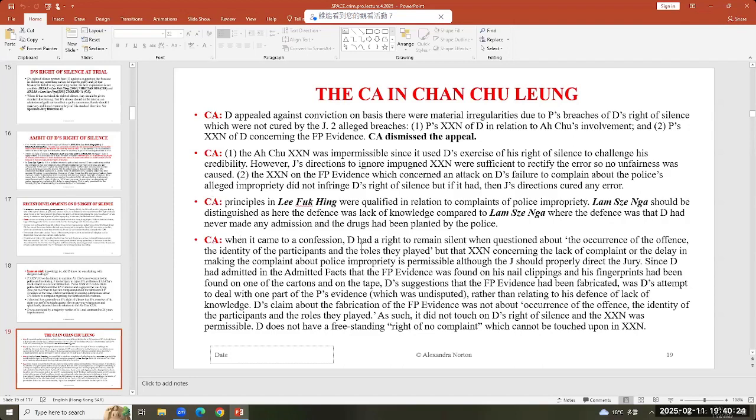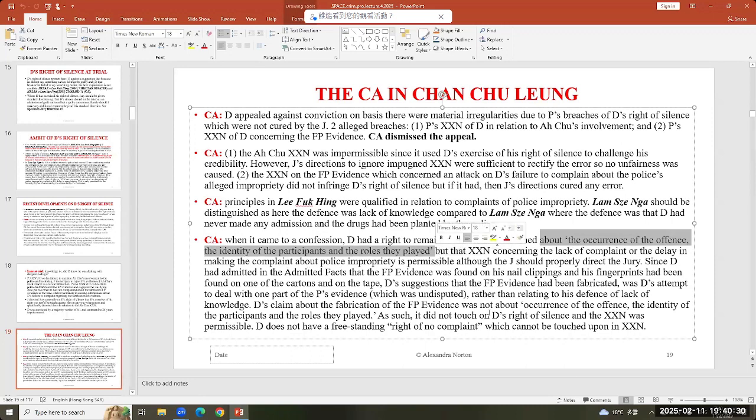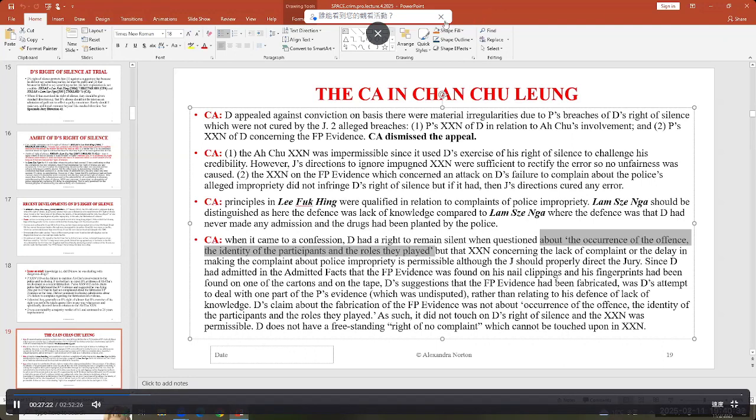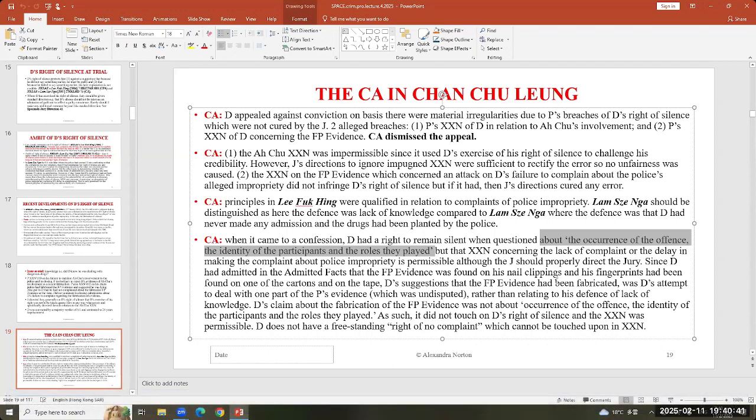And the Court of Appeal made a lot of this phrase here. A defendant has the right to remain silent when he's questioned about the occurrence of the offense, the identity of the participants, and the roles that they played. In other words, the right of silence is restricted to the defense that the defendant raises, rather than any allegations of being framed with the fluorescent powder.